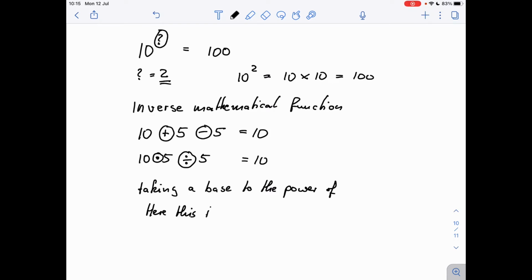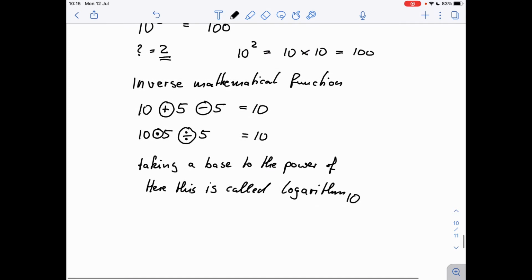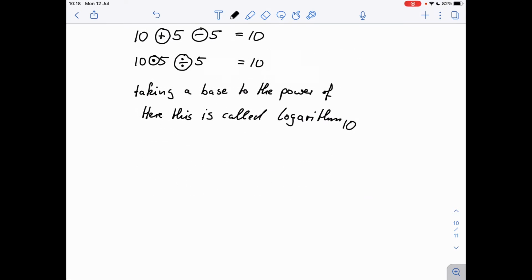This is called the logarithm. And in this particular case, we indicate that we are working with the base 10 by putting the 10 as a subscript. Now that sounds quite esoteric, let's see how this works with our example.